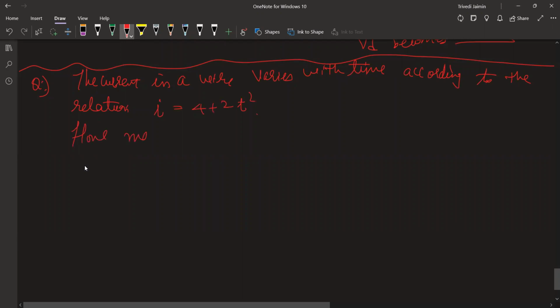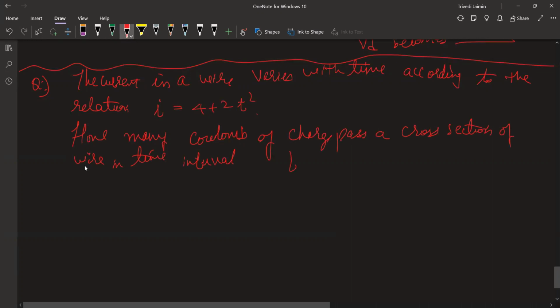How many coulombs pass across a section of wire in time interval t equals 5 seconds to t equals 10 seconds.